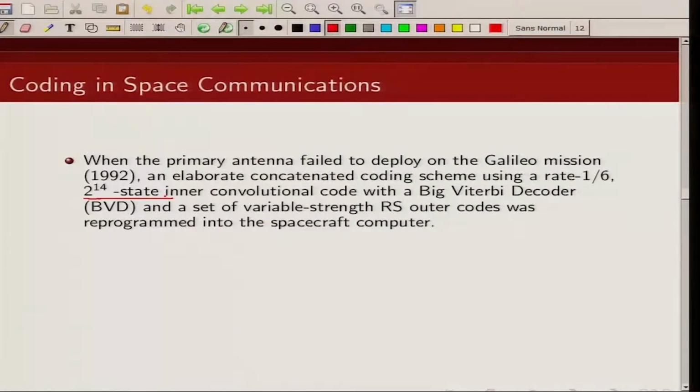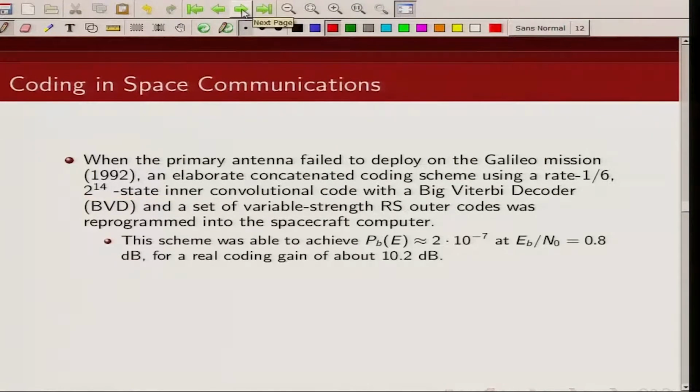That was also a very impressive step forward as far as coding application is concerned, because it was able to salvage this mission because of this very nice concatenated code, and it was successfully deployed. It provided a coding gain of around 10.2 dB, and it was able to achieve a bit error rate close to 10 to the minus 7.